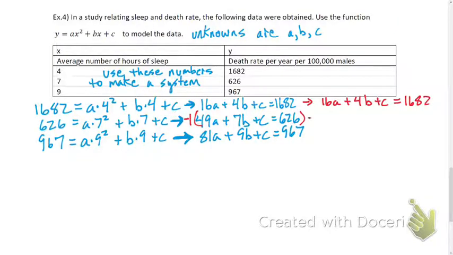I'm going to multiply this one by -1. And combine those. It's a funny line. Our c's cancel out.